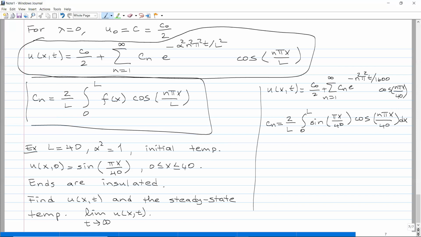Okay, so how do we take this integral in general?